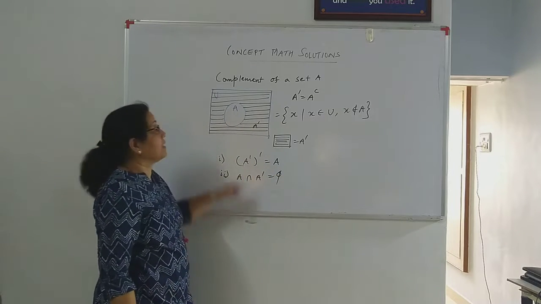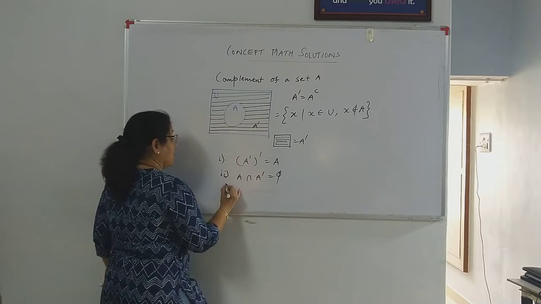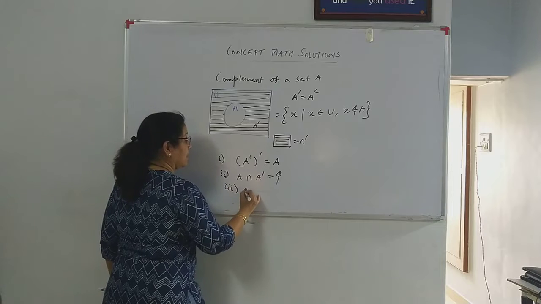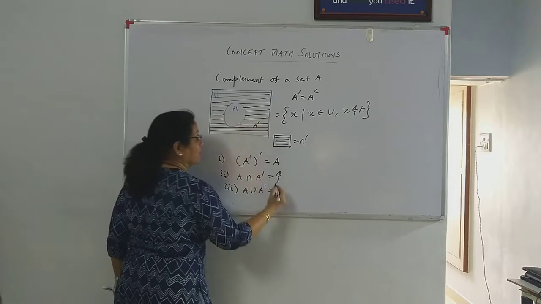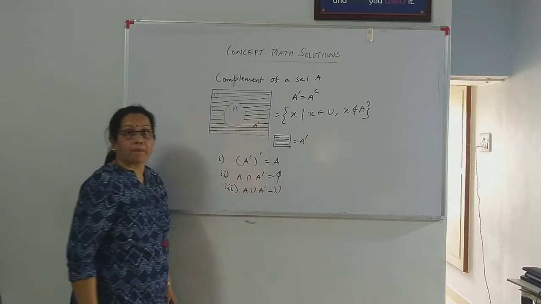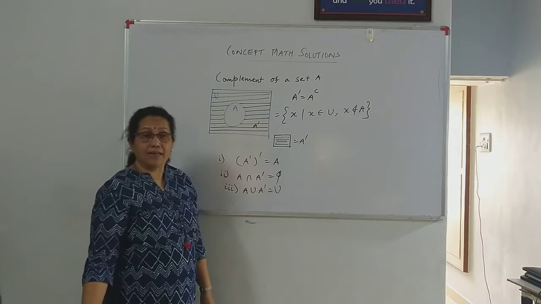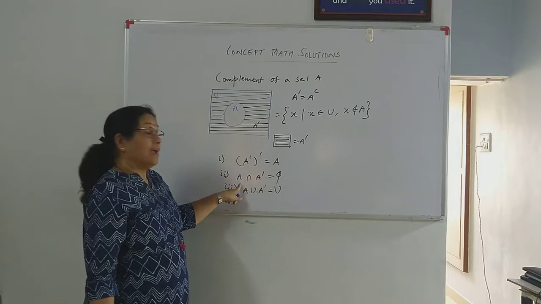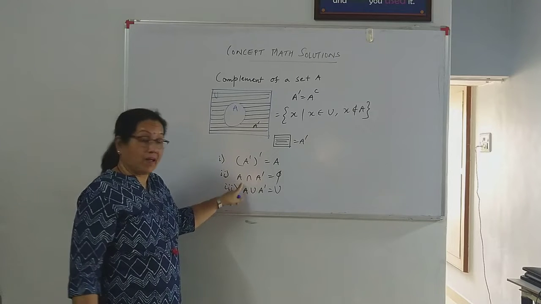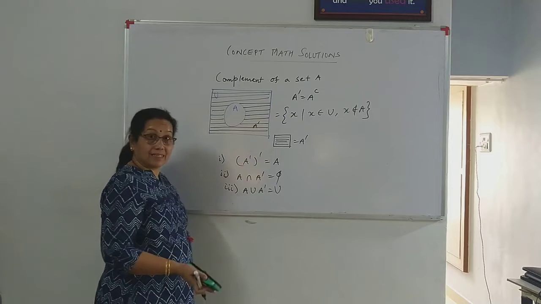No element common. If I take A union A dash, it will be the universal set U. So these are the properties of complement of a set. Complement of a complement is the set again. A intersection A dash would be null set and A union A dash would be universal set.